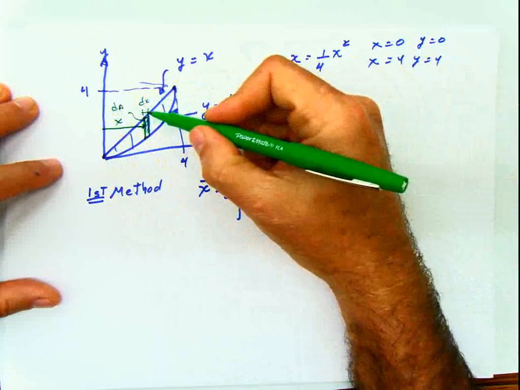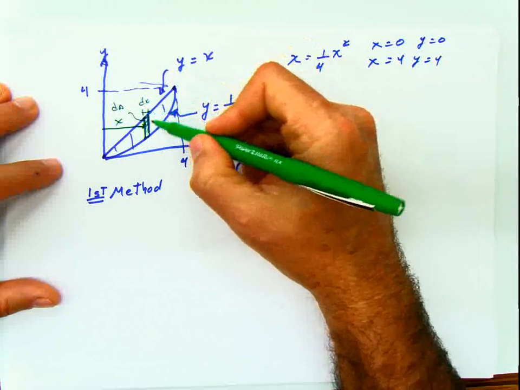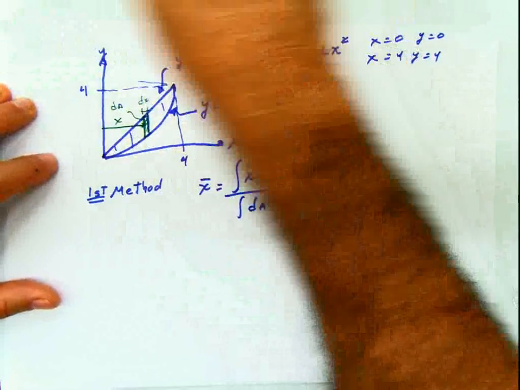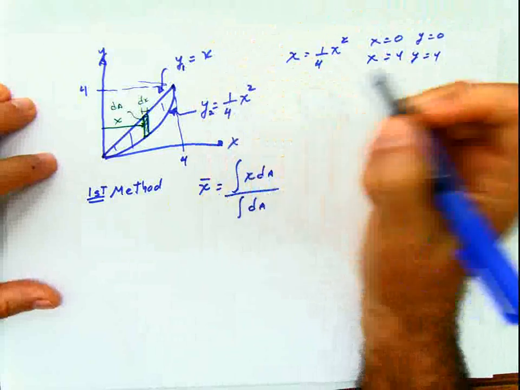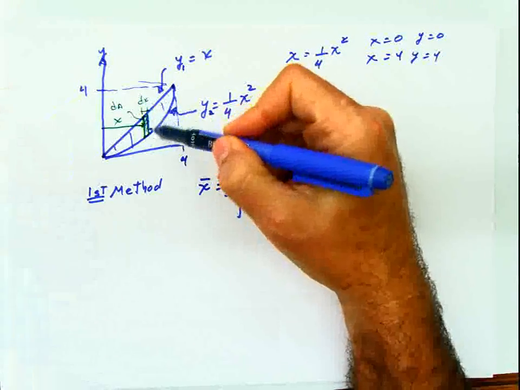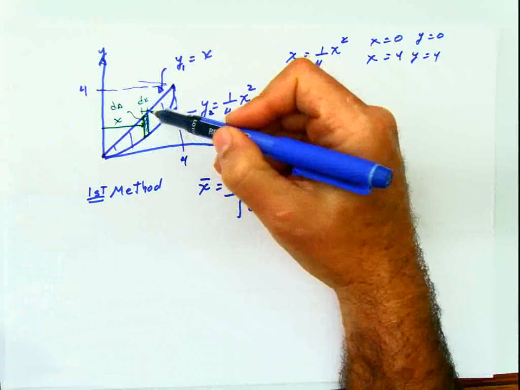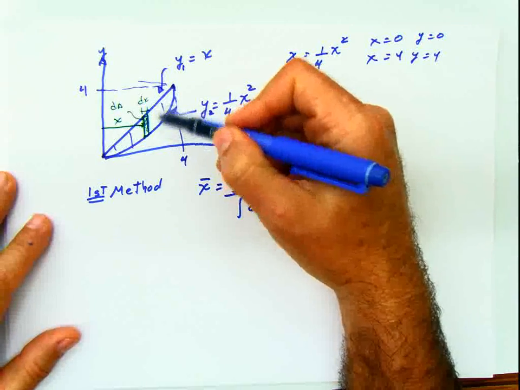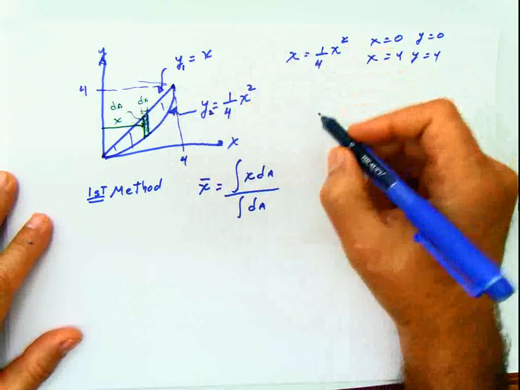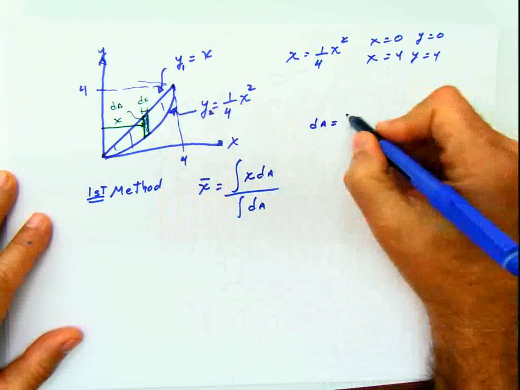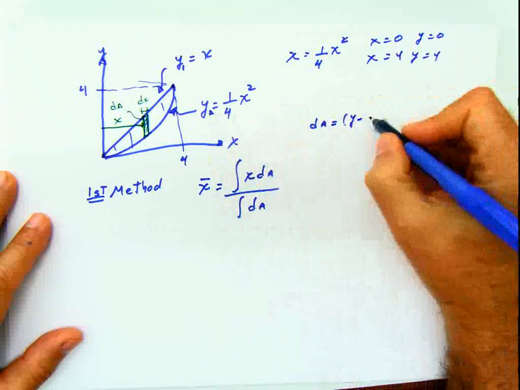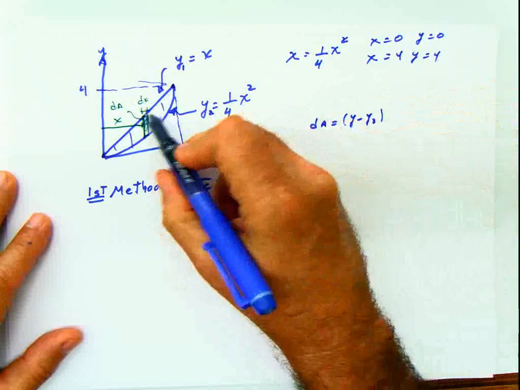This differential of area is defined by this line and this line. So if I say this is y1 and this is y2, basically the height of this strip is going to be y1 minus y2, and my differential of area is going to be y1 minus y2 multiplied by dx.